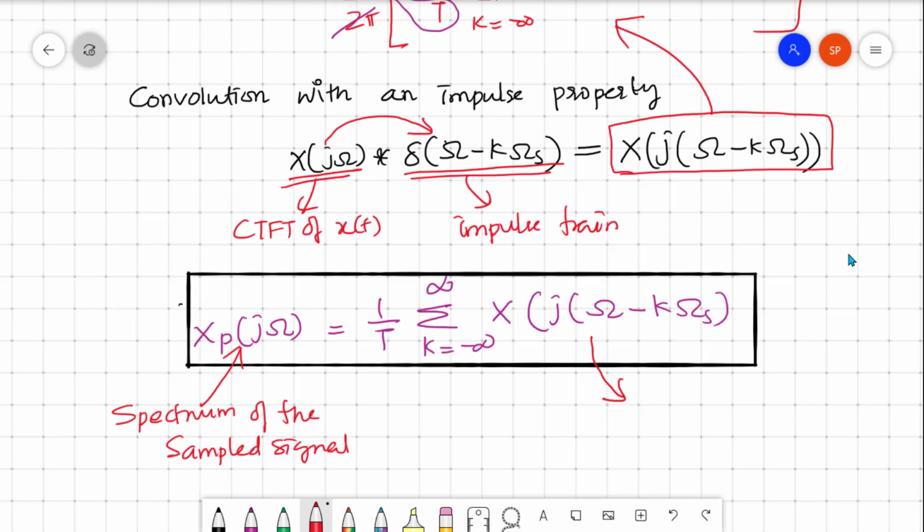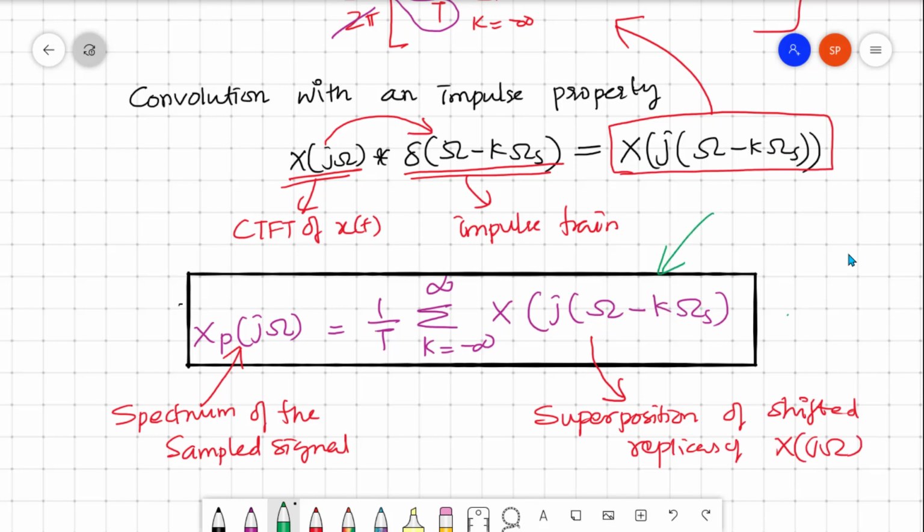Not shifted replicas alone, actually it is a superposition of shifted replicas of X of j omega. It will go to different positions of omega s for k equal to 0, 1, 2, 3, and it is scaled by a factor 1 by T. So this is a scaling factor.